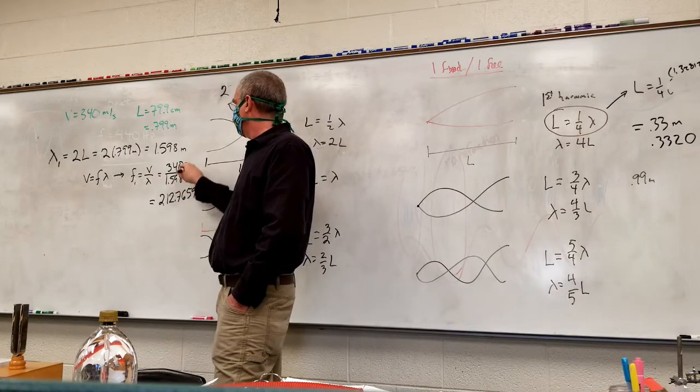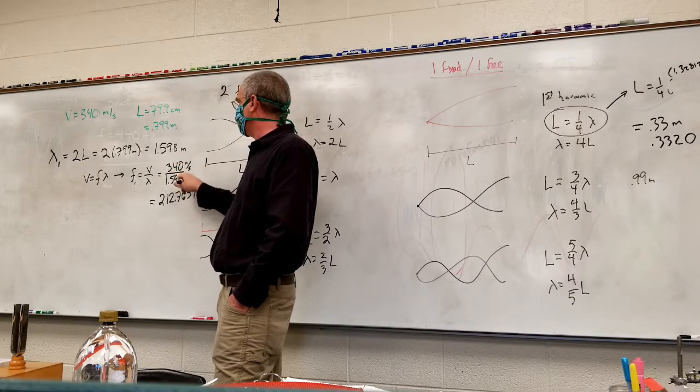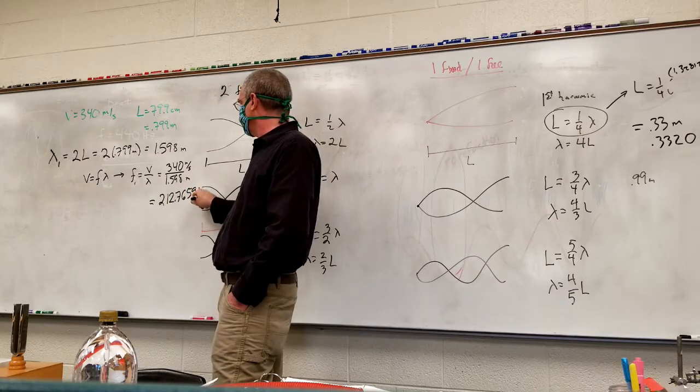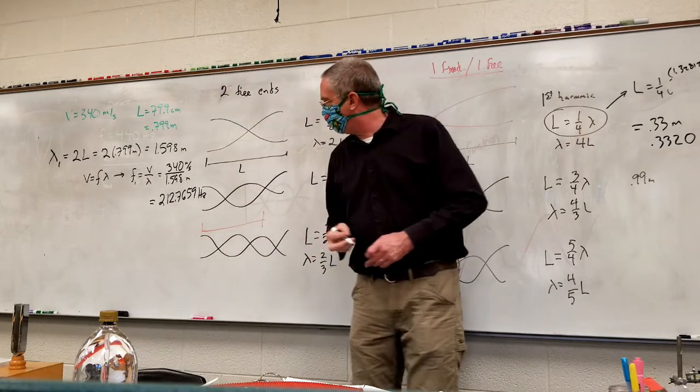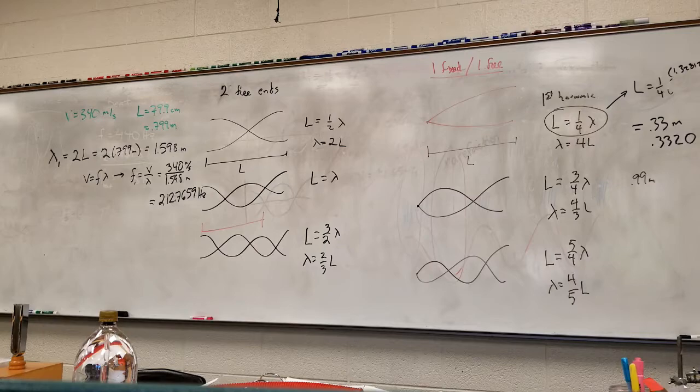Hertz? Yes, that's a meter per second, and that's a meter. The meters cancel out. You're left with 1 over seconds, which is a hertz. So 212 point something. I'm going to round off to 8 in terms of the machine here. This is what that sounds like. 212.8. All right.